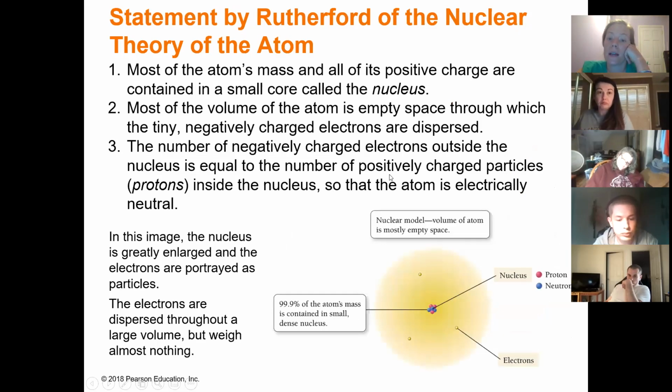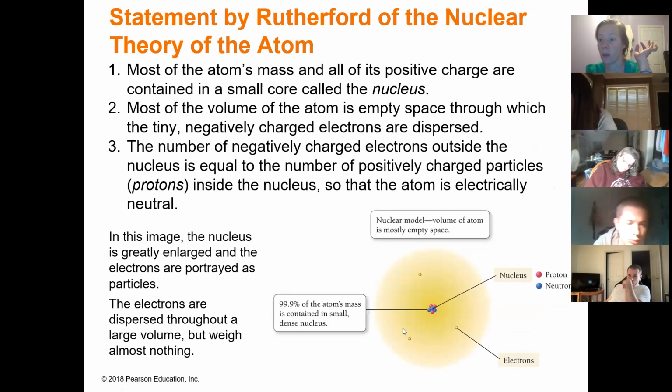A couple things go along with the nuclear theory. Most of the atom's mass and all of its positive charge comes from the nucleus. We usually don't take into account the electron's charge; we consider it negligible. But the protons and the neutrons both have a substantial amount of mass, all of it sitting right in this tiny little shell in the center.